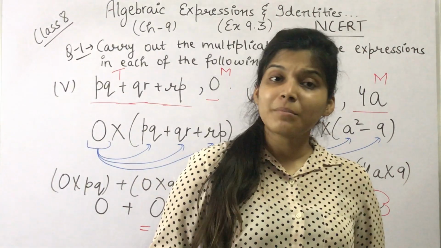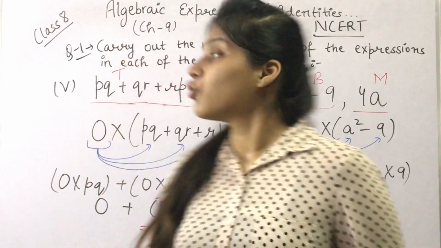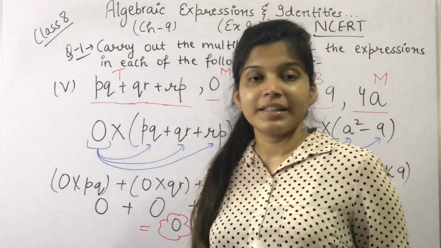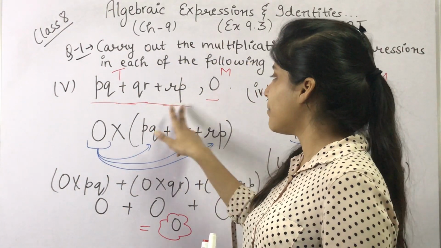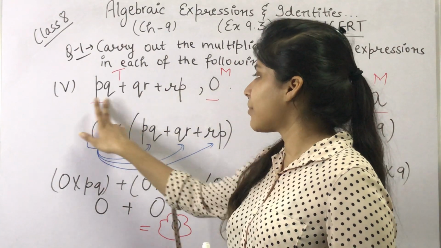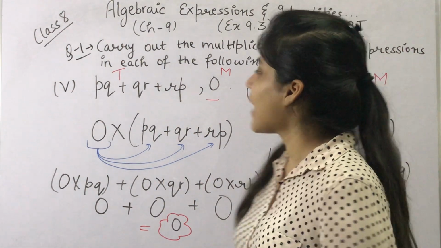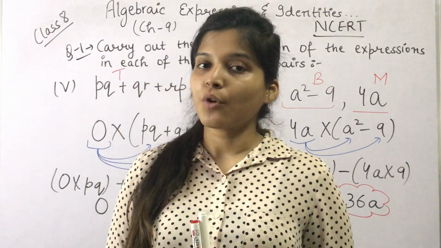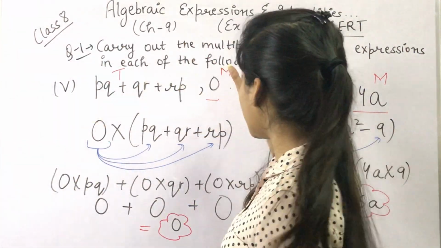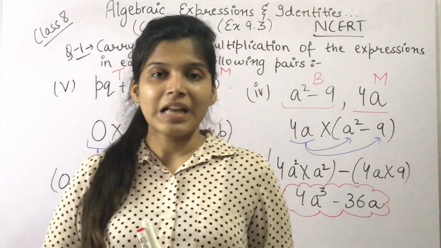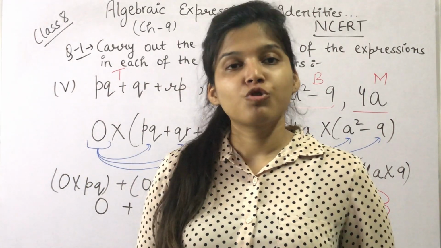Okay, so anything multiplied by 0 is 0. तो हमें ये सब करने की भी नीड नहीं थी, हमें यहीं पे ही पता था कि when we multiply 0 by this expression we will get 0. Okay, so with this we have completed our question number 1 of exercise 9.3. Okay, so now we'll be starting with question number 2.